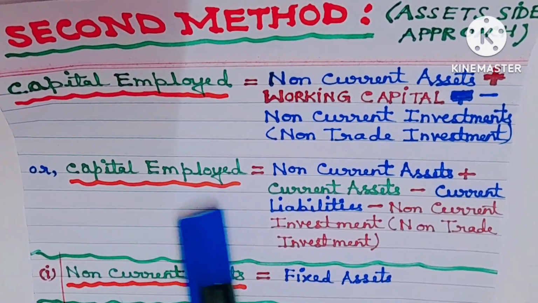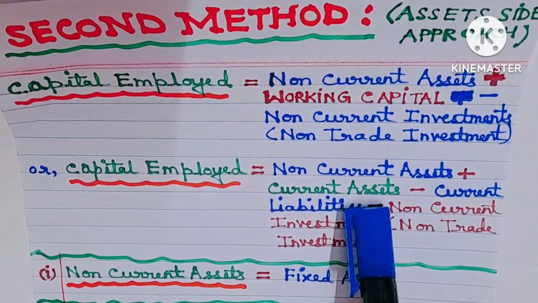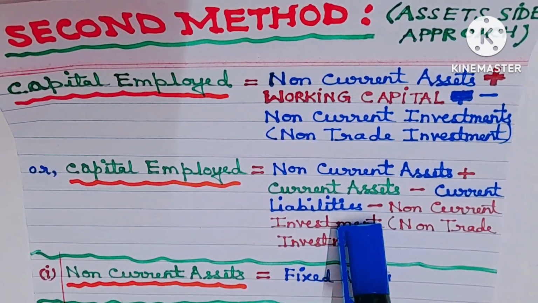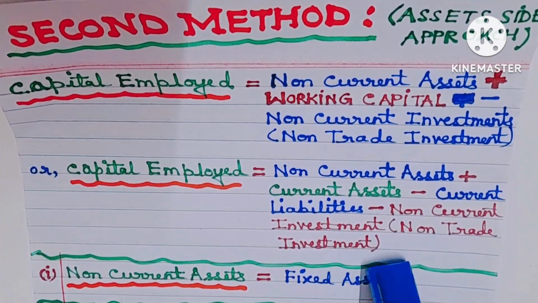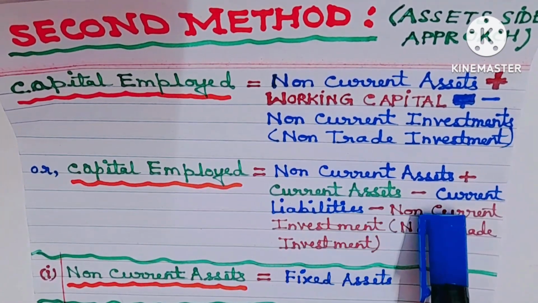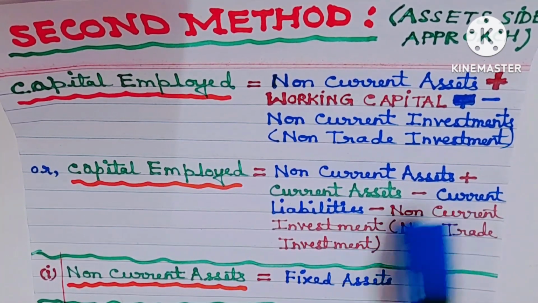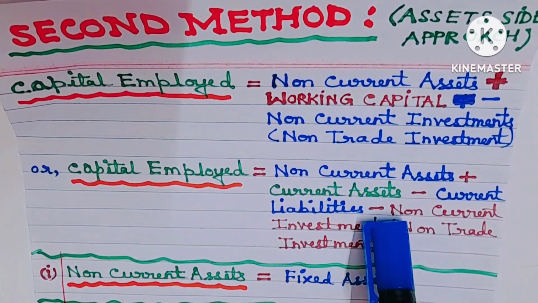Or capital employed is equal to non-current assets plus current assets minus current liabilities minus non-current investments or non-trade investments, because instead of working capital, we have written current assets minus current liabilities. Why? Because we know working capital is equal to current assets minus current liabilities.